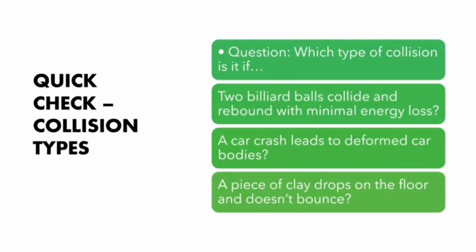This is inelastic because kinetic energy is lost to deformation and heat. Third, clay dropping to the floor and sticking. This is perfectly inelastic. This quick check helps us understand how momentum and kinetic energy behave differently in each type.